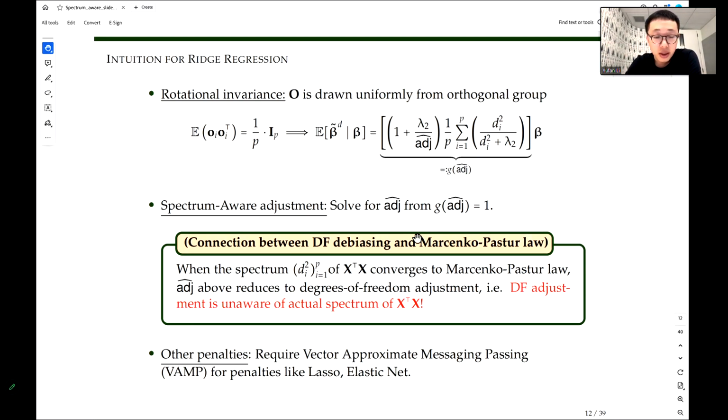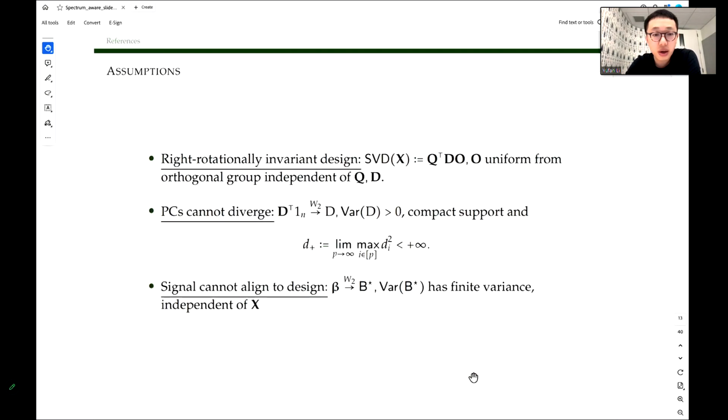This can be extended to other penalties using vector approximate message passing technique. We'll not go into detail of that.